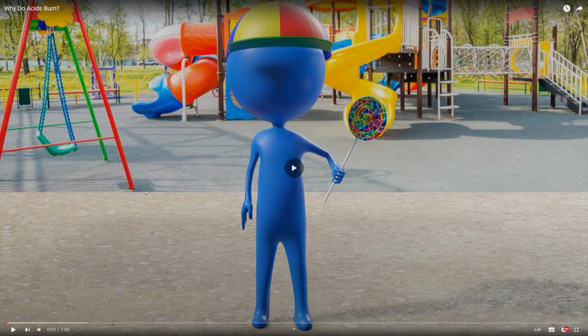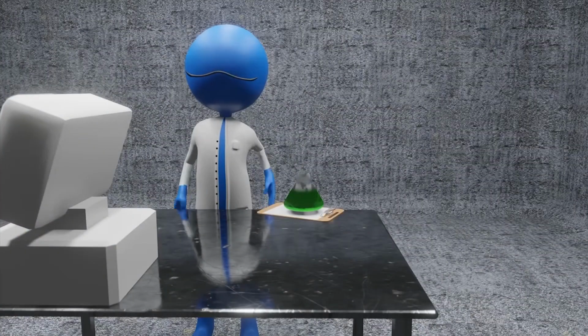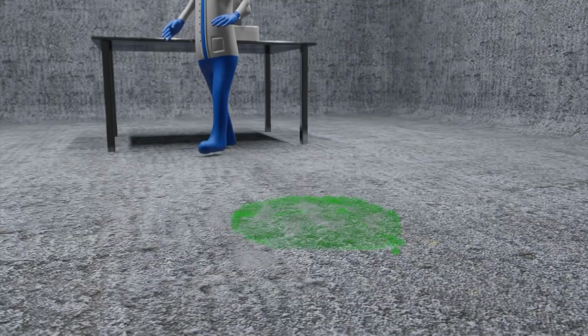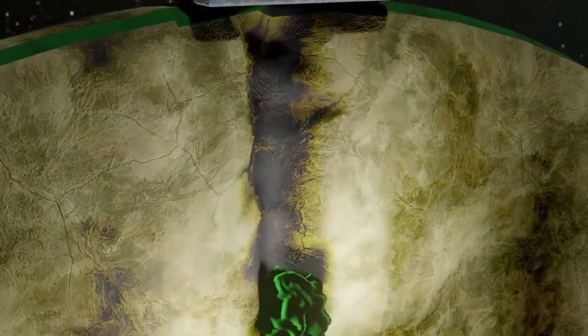Here we go, guys. I had this mild fear that one day in a sinister evil laboratory, a mad scientist who concocted a super acid would one day accidentally spill it on the floor, and it would begin its long journey of eating through the earth. This is of course not possible.